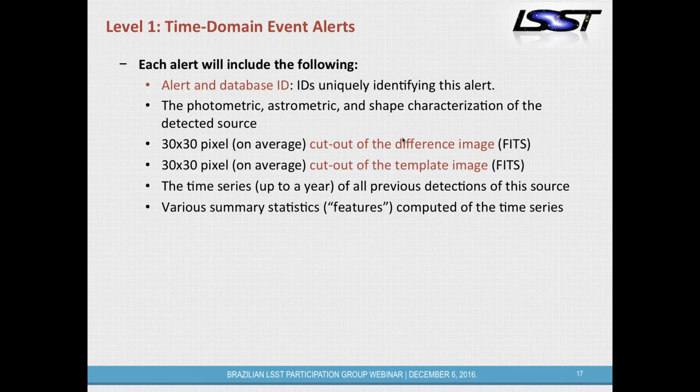A standard example there is period. So we're going to give you the estimate of the period for this object, and some features better suited for studying quasi-periodic objects, values that allow you to classify what this object is without having to go through the time series and do this computation on your own.